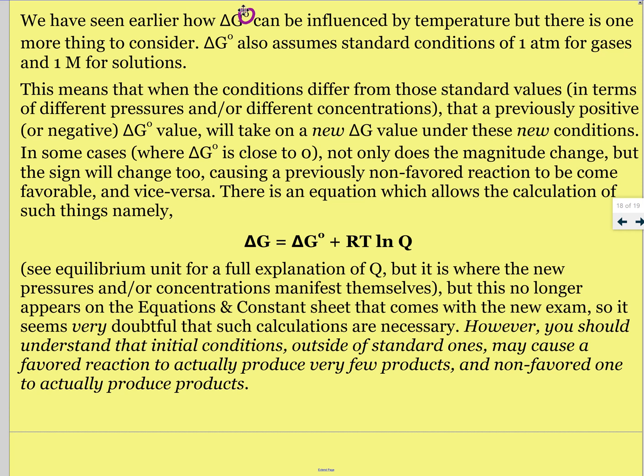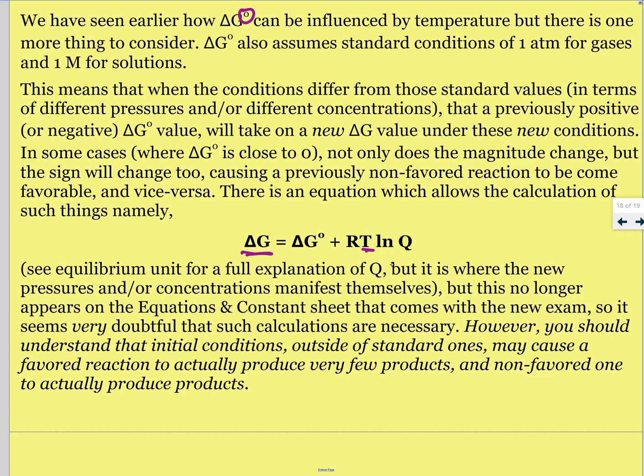But they no longer do this on the AP test that I know of, but you should understand that there's a delta G that's not at 25 degrees Celsius and 1 atmosphere, and we can figure out how it's going to vary at a given temperature by using this lovely equation.